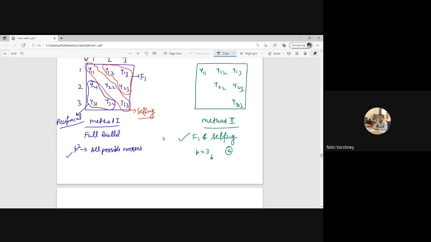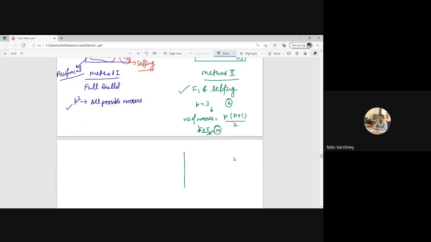If we generalize it into a formula, the number of crosses will be P into P plus 1 divided by 2. So this formula is important. They can ask in the exam that in method 2 of Griffing, if P is equal to 3, how many crosses will be there? F1 and selfing will be there. Now if P is equal to 4, then 4 into 5 divided by 2, so 10 crosses will be there. How?